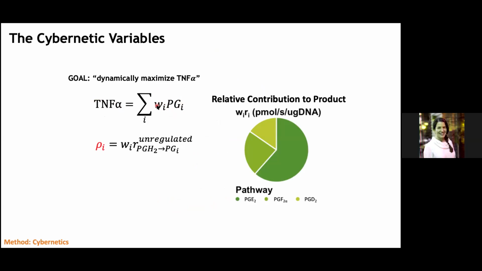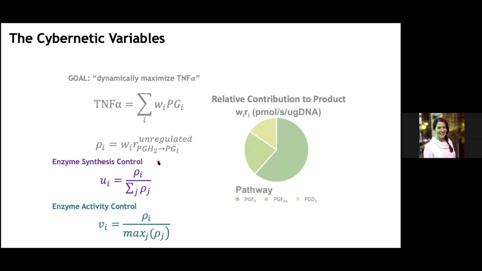The cybernetic variables compare the return on investment, rho, for each pathway and invest in enzyme production accordingly. This return on investment is used to calculate the cybernetic control variables, which regulate the enzymatic activity and synthesis in the cell.